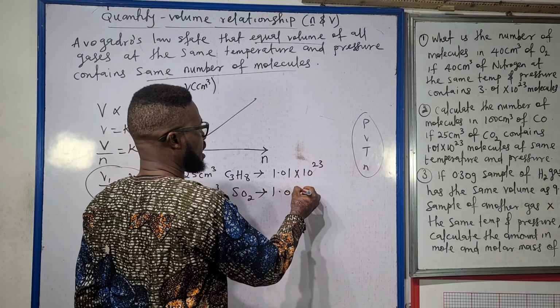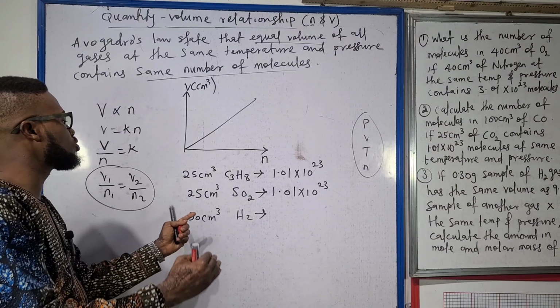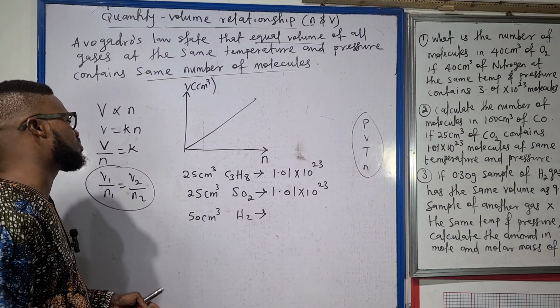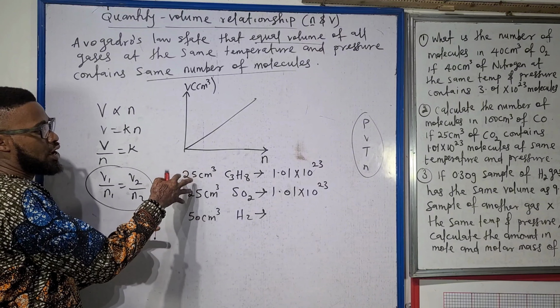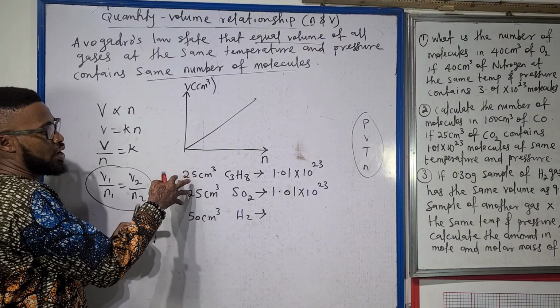Now let's assume I have another gas, and let's say the gas here is 50 cm cubed of hydrogen gas. So the number of molecules this will contain is going to be in proportion to the number of molecules that 25 cm cubed contains. If 25 cm cubed contains this, and the volume has doubled, then the number of molecules here will double, and this is going to be 2.02 times 10 raised to power 23 molecules.